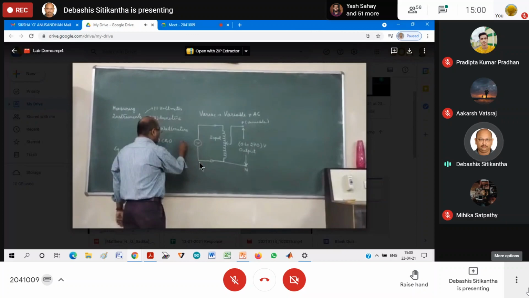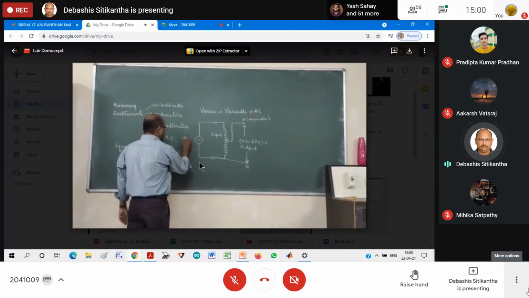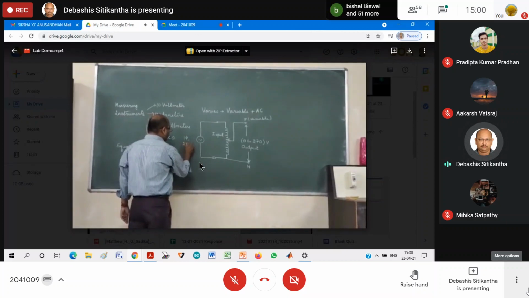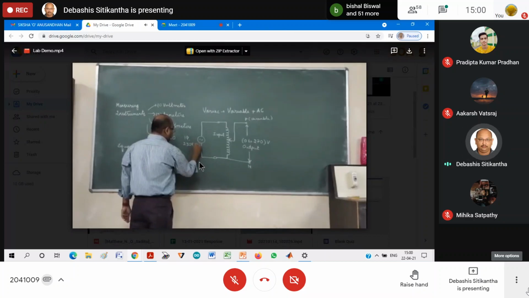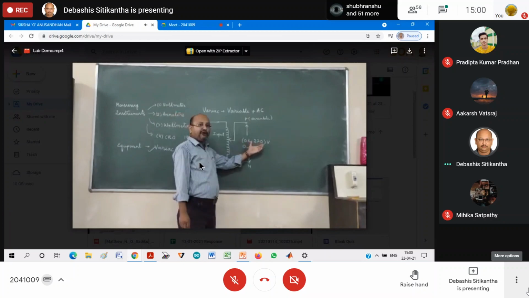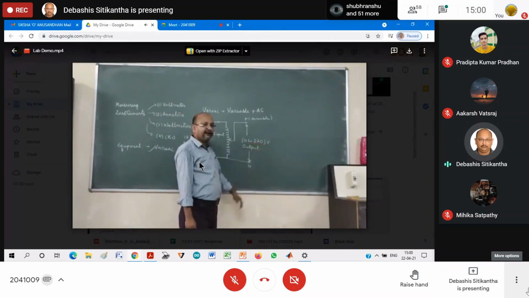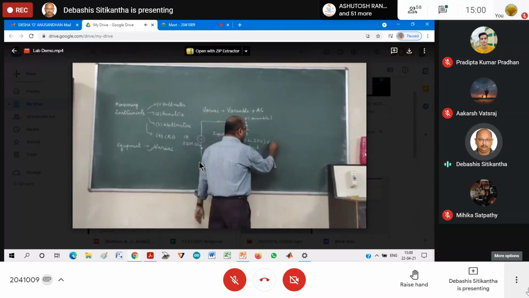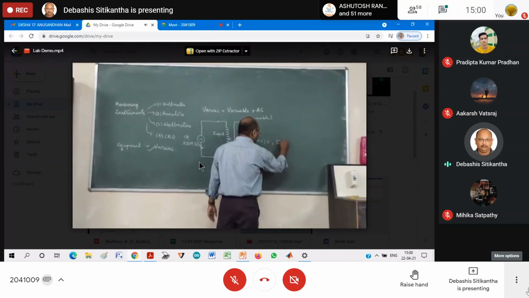On this side, if I connect a single phase 230 volt 50 Hz supply, on the other side I am going to draw voltage from 0 to 270 volt, and the frequency will remain the same at 50 Hz.